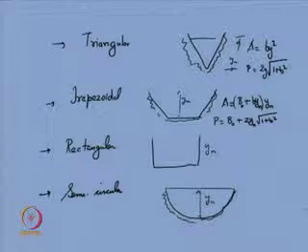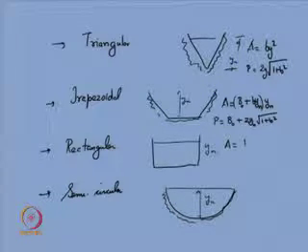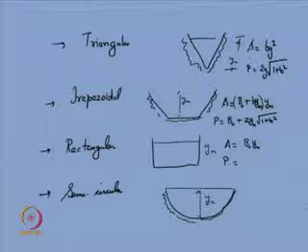In the rectangular section you have already seen earlier also, your area is equal to b 0 y n, your wetted perimeter P is equal to 2 y n plus b 0.